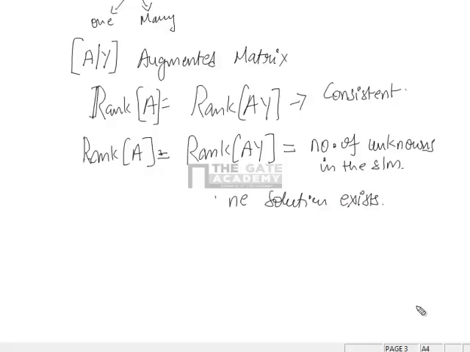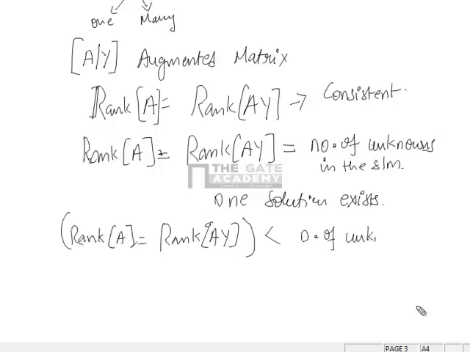If rank of A equals rank of [A|Y], but this value of rank is less than the number of unknowns in the system, then many solutions exist.